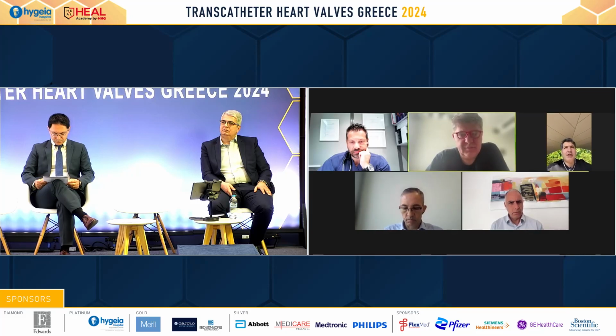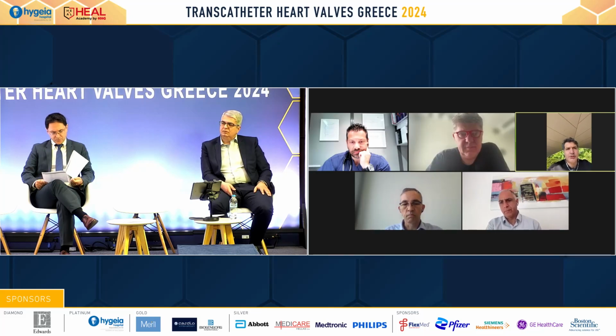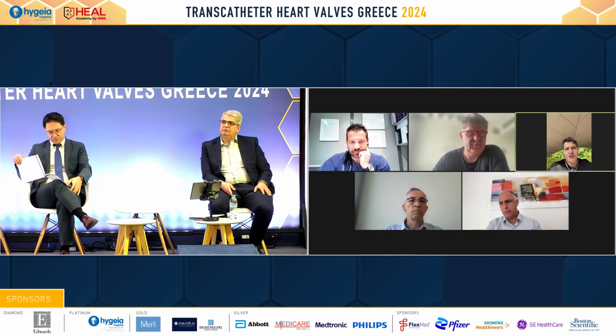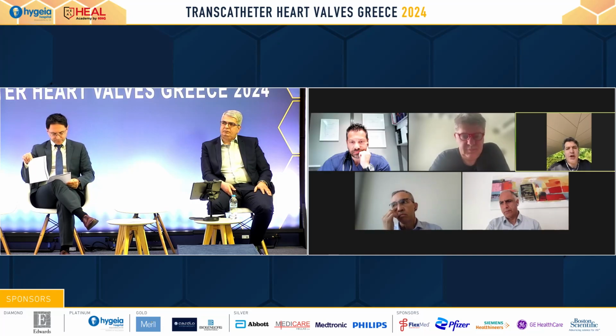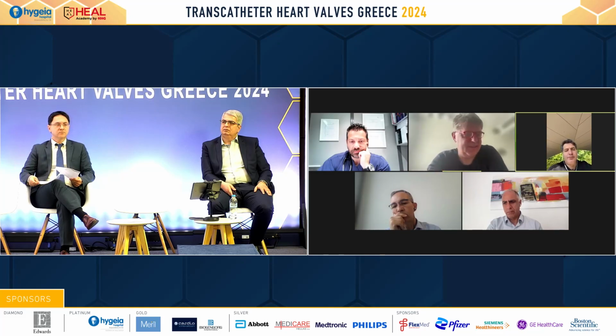With regard to the guidelines, it's very important to state that the treatment of choice for functional mitral regurgitation is guideline-directed medical therapy. So it is a 2B actually in Europe and 2A in the US. If that doesn't work and the patient is still symptomatic, then you can opt for TEER, and you do it for palliation.